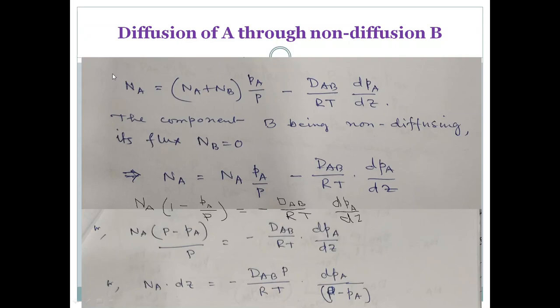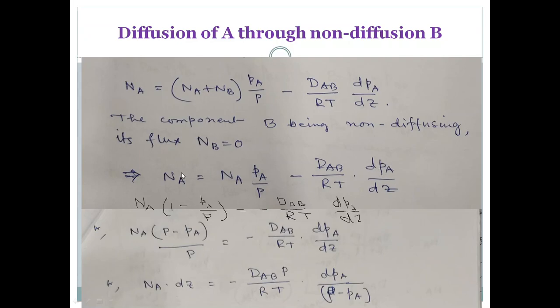This is my governing equation, which we have already derived in terms of partial pressure. If B is non-diffusing, then NB is 0, so the equation becomes NA equals NA into PA by P minus DAB by RT dPA by dZ.